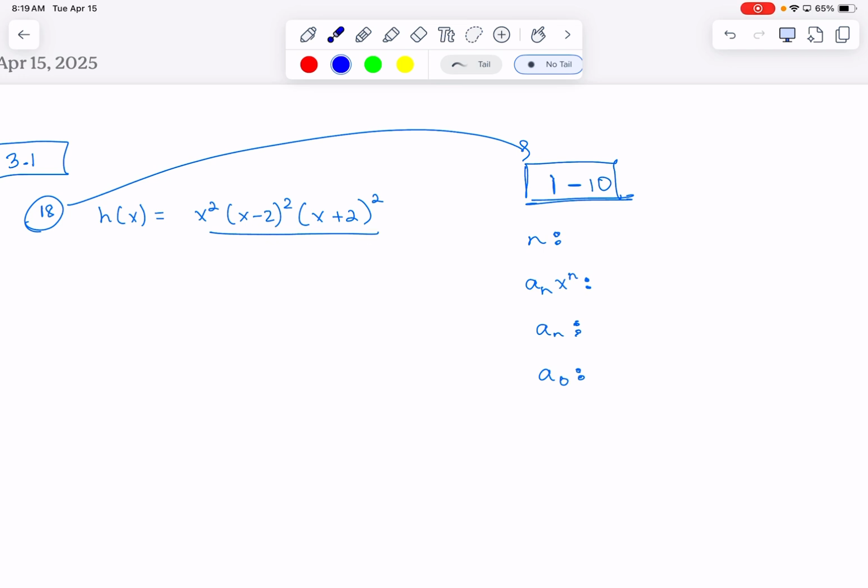So there's 3 parts. There's an x squared. I'm going to do the leading term first. There's another x squared because it will get squared, will it not? And then there's another x squared because it will get squared. So we'll have x to the what? 6. We'll have 1x to the 6, so the degree is 6.